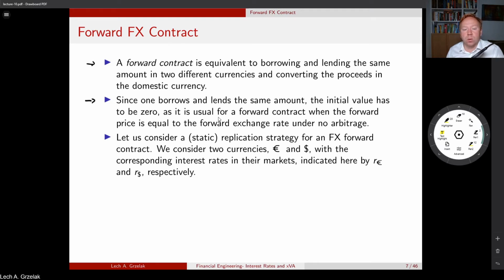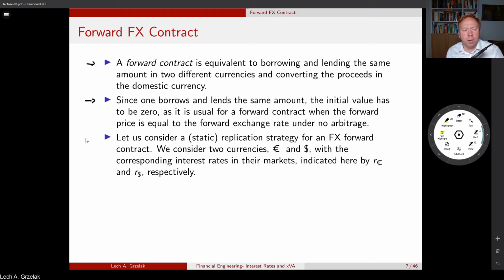So, as is usual for a forward contract, the forward price is equal to the forward exchange rate under no arbitrage. This is exactly the definition. So this forward FX exchange rate will determine the fair forward value of the foreign exchange rate, such that the contract at the inception will be equal to zero.